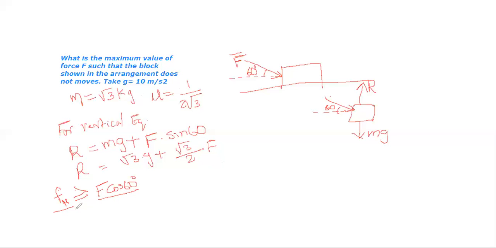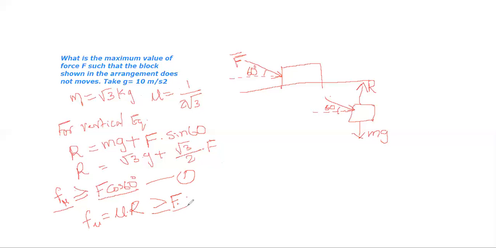So in this case, we know that the force of friction F mu has an expression. F mu is equal to the coefficient of friction times the normal force, that is mu R. So this equation, let's call it equation 1, can be written as mu R must be greater than or equal to the applied force F times cos 60, which is 1 by 2, right?